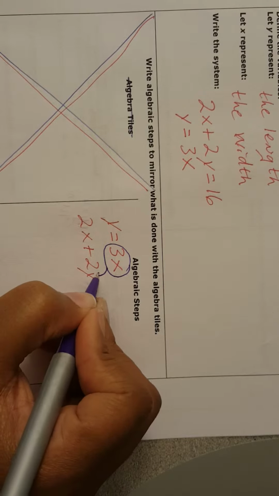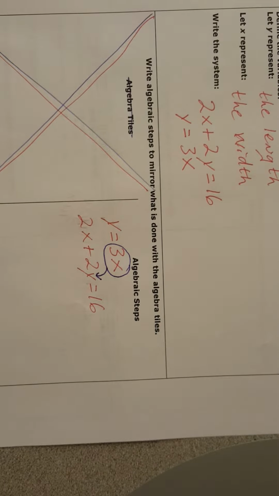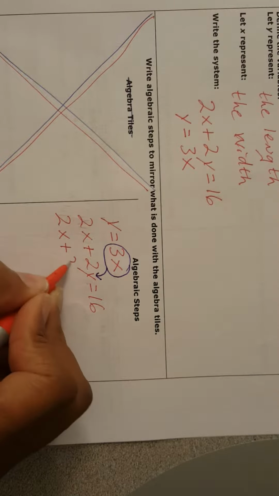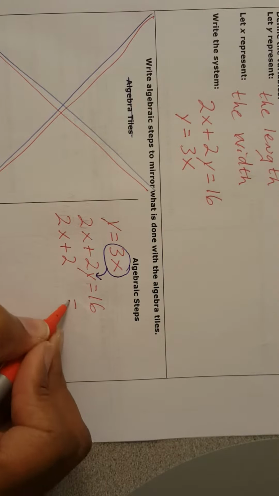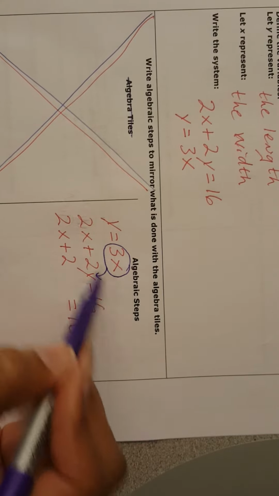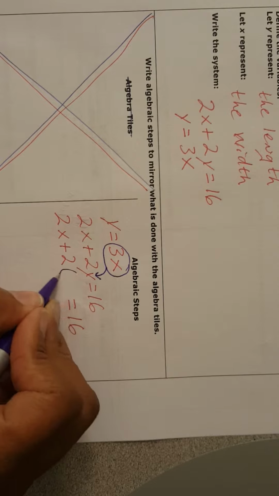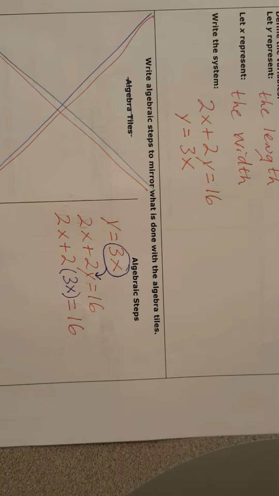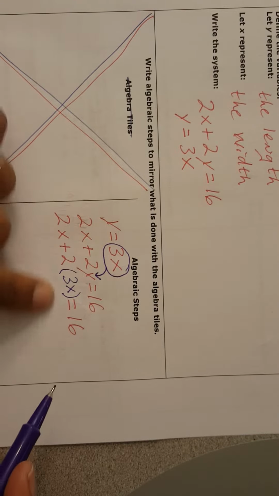That letter would be y. I will rewrite the equation 2x plus 2, but now when I get to y, I'm going to replace it with what is in the circle, all in parentheses, 3x.